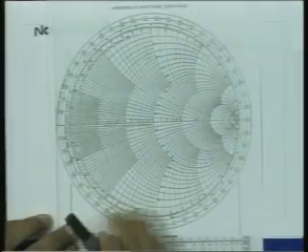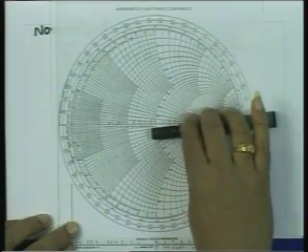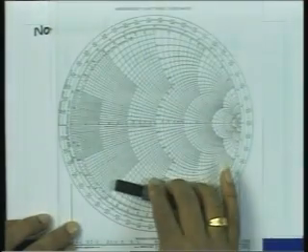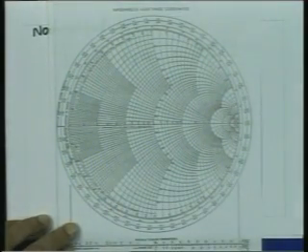But if I do not want to find out the phase of the reflection coefficient, then the axis of the gamma plane does not come into the picture. It is just the impedances and admittances which we want to use on the Smith chart. So, without worrying about the complex gamma plane axis, we can use the same Smith chart for the admittance as well as for the impedance calculations.